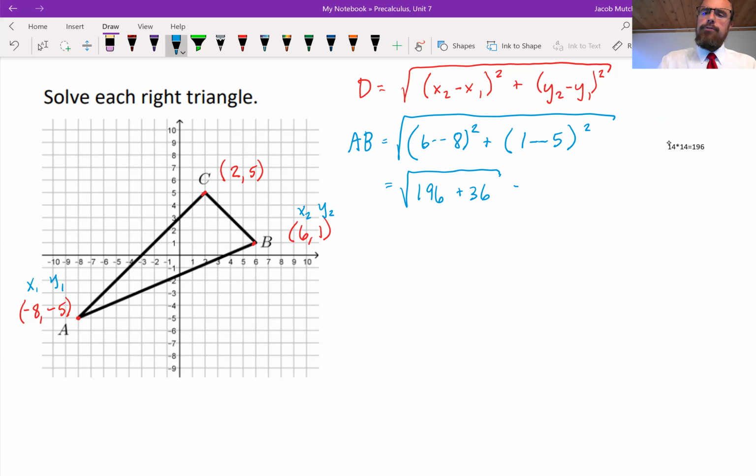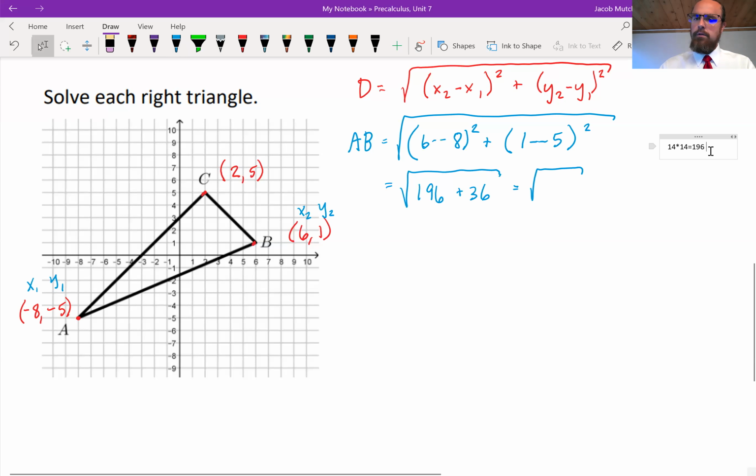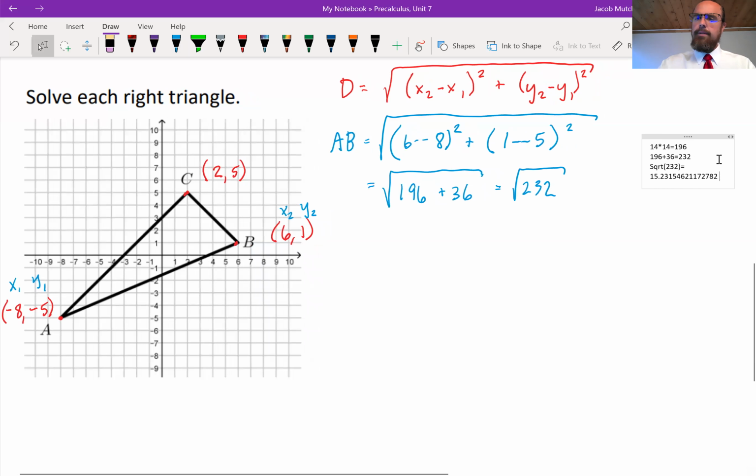And so what we're really trying to calculate is the square root of, well, let's find the sum. 196 plus 36. It's going to be 232. And then the square root of 232 is going to be about 15.2.